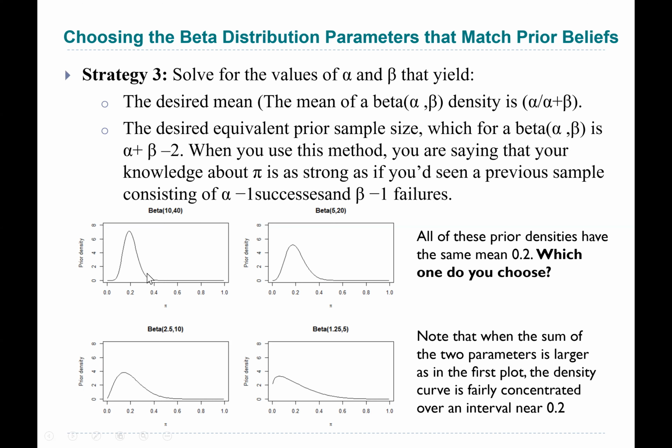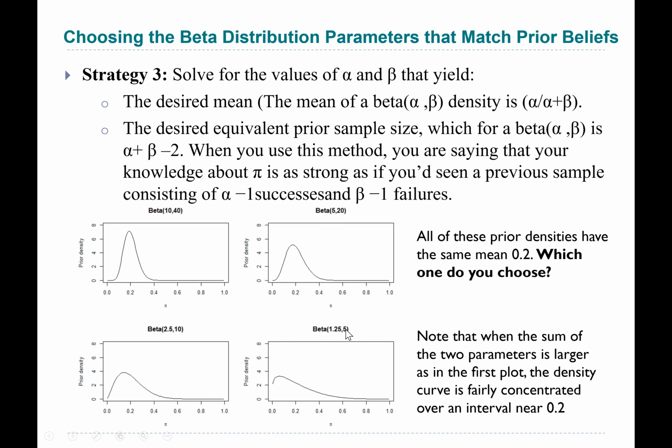So when you use a prior distribution that has information equivalent to a sample of 48, it looks like you believe that it is very close to 0.2, more than when using alpha is 1.25 and beta is 5. And the sample size is 5 plus 1.25 minus 2, so 4.25.